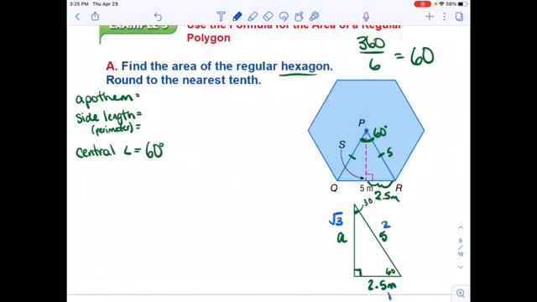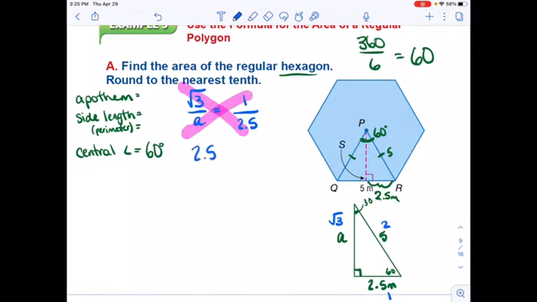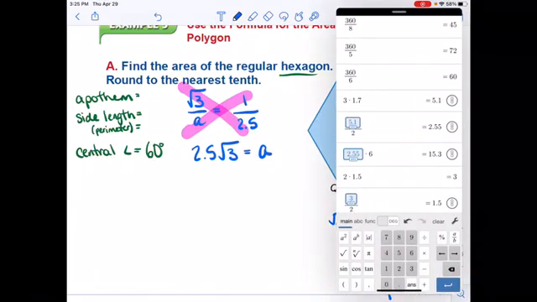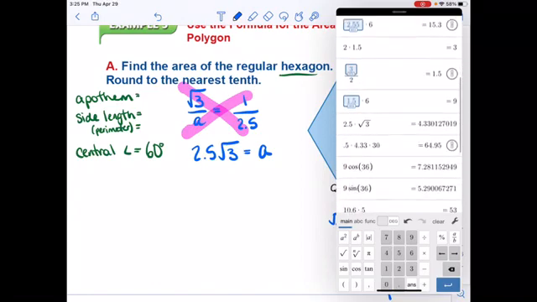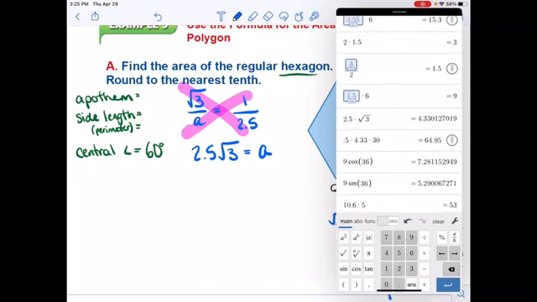So here's our special right triangle. I'm going to set up a proportion to solve. You can go ahead and make this a decimal if you choose. We end up getting 4.33 as our apothem.